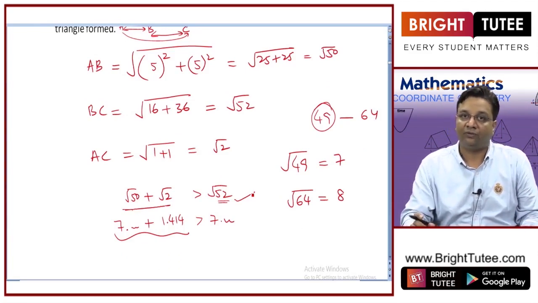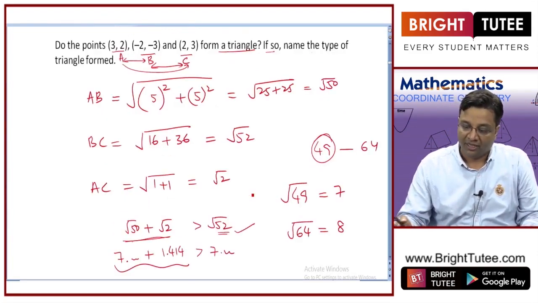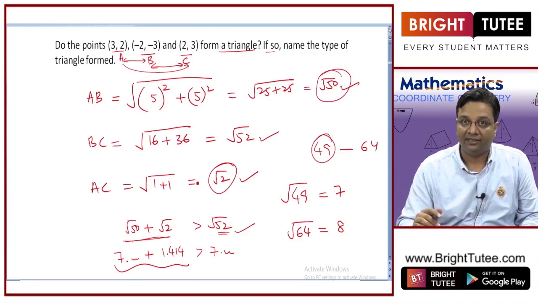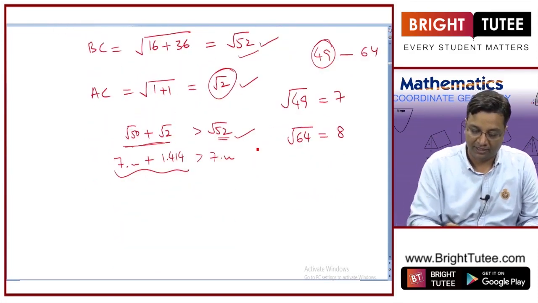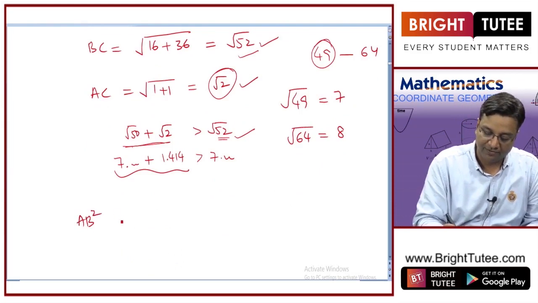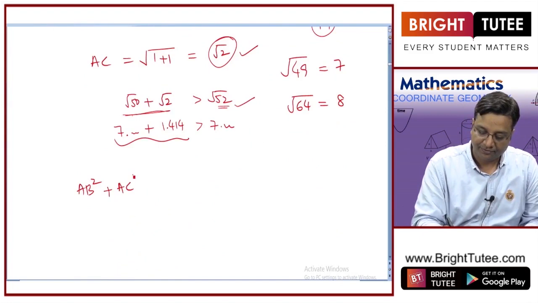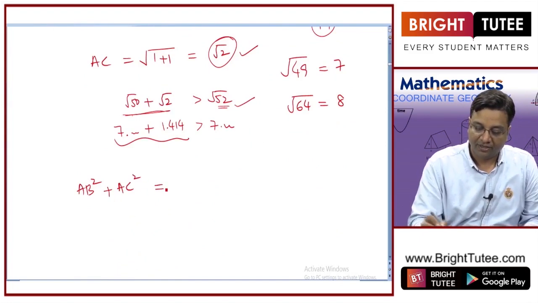Now let us look at what kind of triangle it is. As it is evident from these 3, if I square these 2 and add, I'll get 52. If I square AB and AC and add these, what do I get?